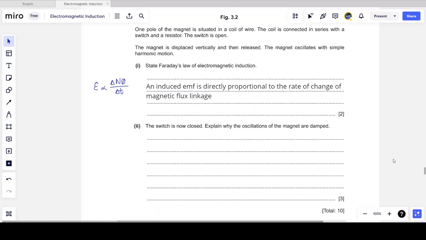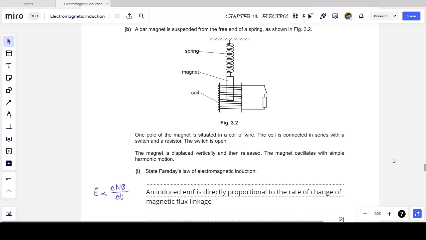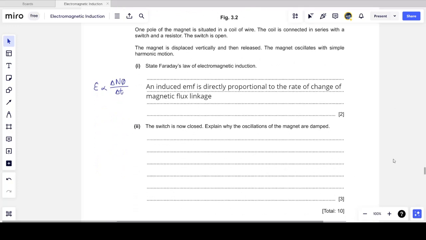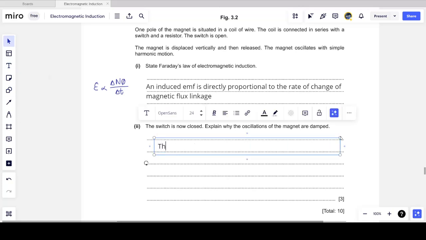We're told that the switch is now closed, and we are asked to explain why the oscillation of the magnet is damped. So, moving the magnet in this coil, with the current in the coil, is going to do something. It's going to stop the magnet's motion eventually. It's going to damp this motion. Now, the first thing that happens is that there's a current in the coil.